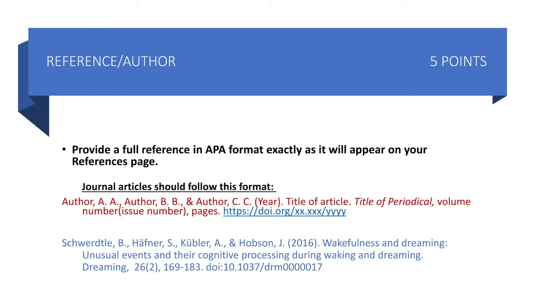You'll find similar models there for all types of sources that you may come across and want to use for the paper, like databases, videos, dissertations, books. Every conceivable kind of source is covered in the OWL. You can also always Google APA reference list followed by the type of source and find a template.